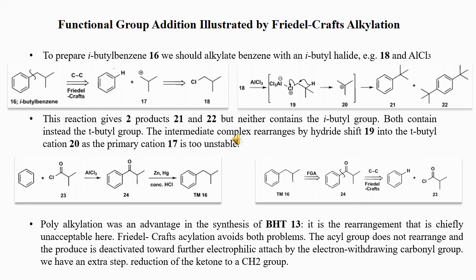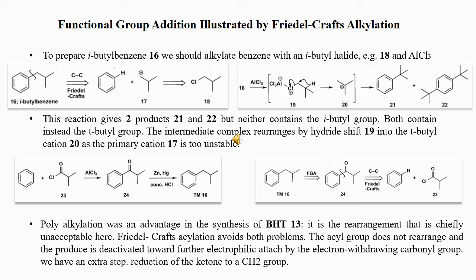So 17 is too unstable, because you know that comparing the stability of cations, a primary cation is less stable. Primary cation here, 17, is less stable than 20. So the rearrangement takes place, which converts less stable cations into more stable cations.